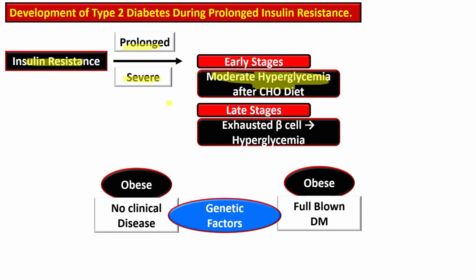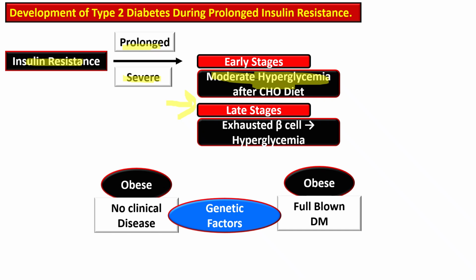Then in the late stage, the beta cells become exhausted or damaged, often due to lipid accumulation, oxidative stress or genetic predisposition. Insulin secretion is inadequate, and fasting hyperglycemia develops, leading to clinically significant diabetes.